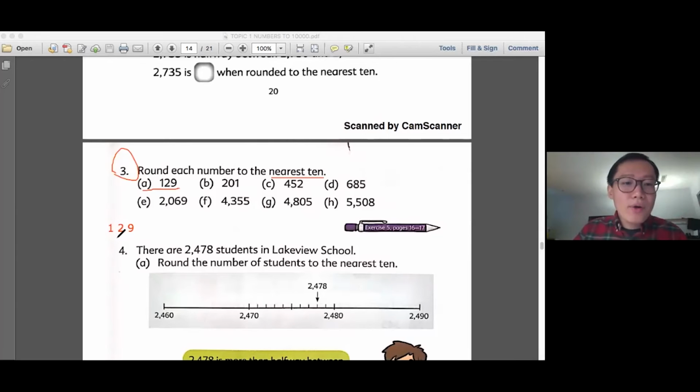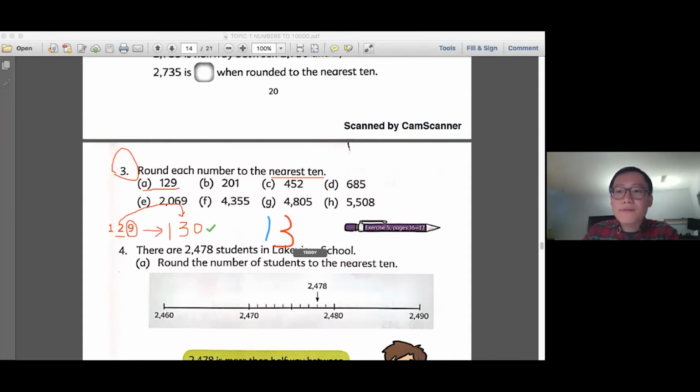We want to round to the tens place, that's number 2 there, which means we need to look one place to the right, 9. We know 9 is a strong number, so it's going to push the 2 to be a 3. Very good. And the ones place will always be a 0. But we still have a hundreds place, 1. We don't care about 1 because we're only rounding to the tens. So the hundreds place will remain the same. So 129 is going to round to 130.